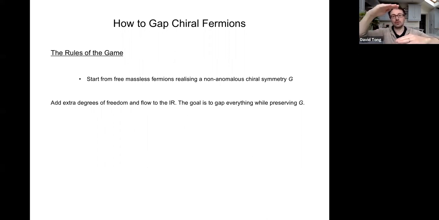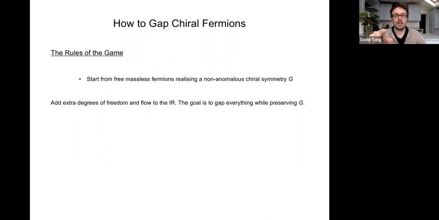So what we have to do is take this massive stuff, dial parameters so that it becomes light, allow it to interact with the original massless fermions, and the game is to find a collection of massless stuff which, when it interacts, gives a mass to everything, while preserving the symmetry G. That's the goal that we want. So there's a bunch of caveats that I need for the massive stuff, which I'll now run through.